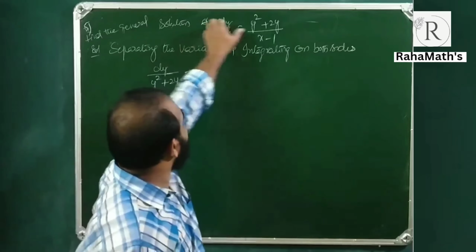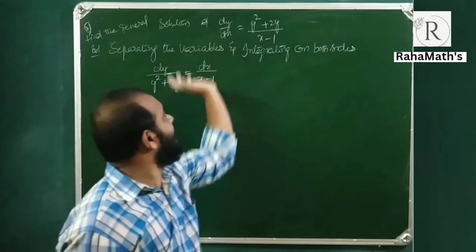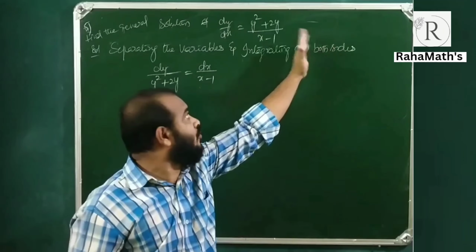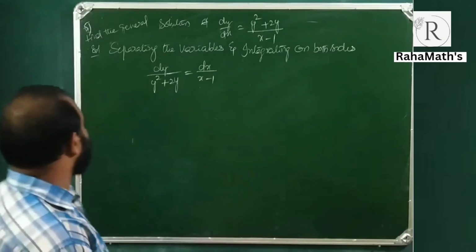So this is dy by (y² + 2y), equal to dx by (x − 1).